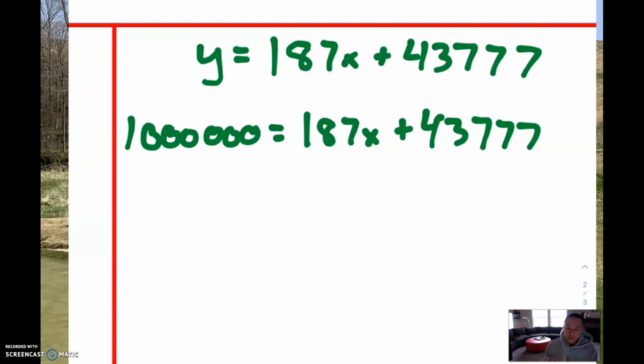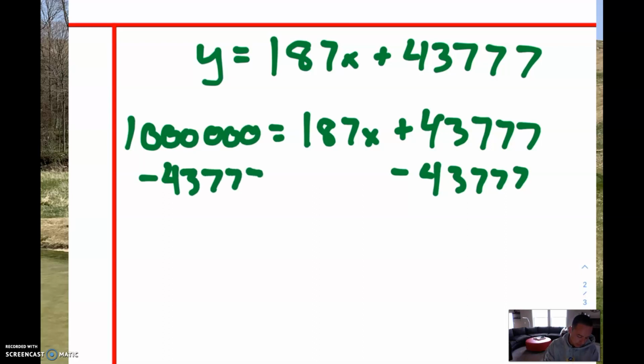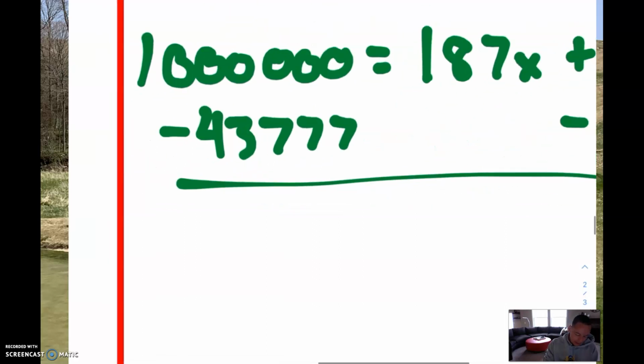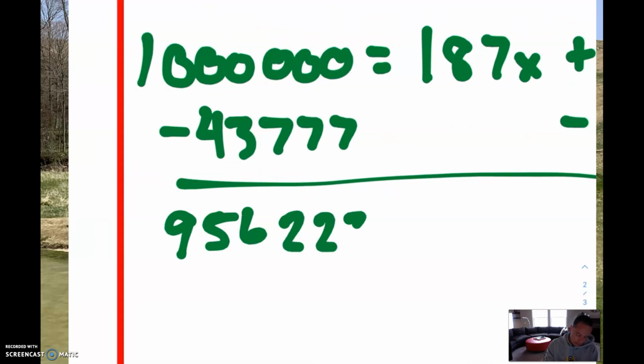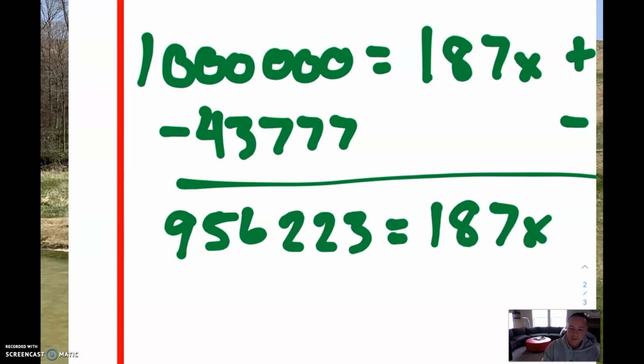So now we have to solve for x. To get x by itself, let's get rid of the 43,777 on both sides. If we take 1 million and subtract 43,777, it becomes 956,223 equals 187x.